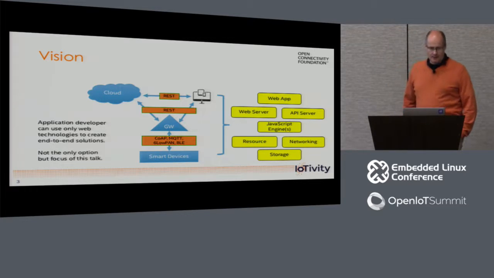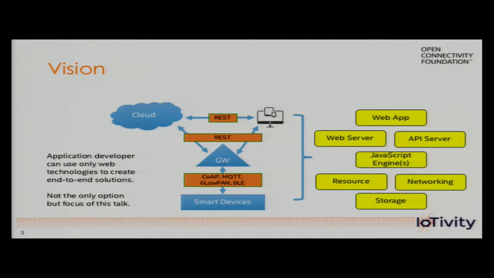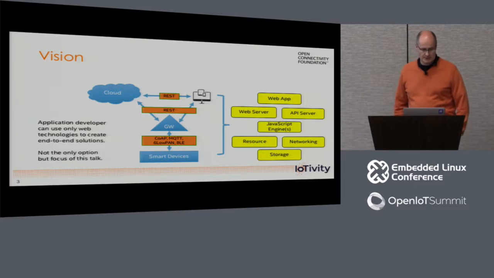On the left-hand side, you have a fairly simplified IoT end-to-end picture where you have the clouds, you have mobile clients, and you have these gateways, and then all the way down to the smart sensors. And you have various protocols between the gateways and smart devices.